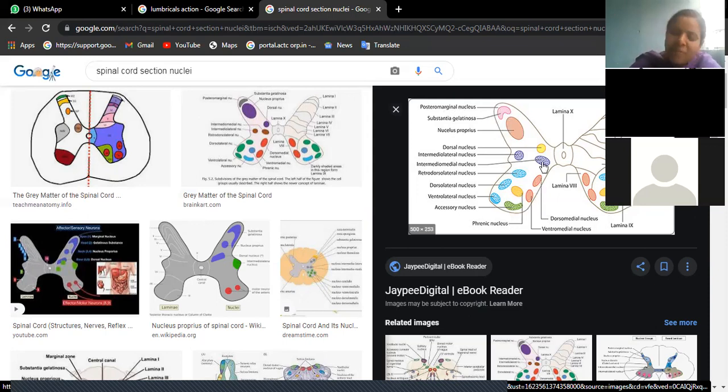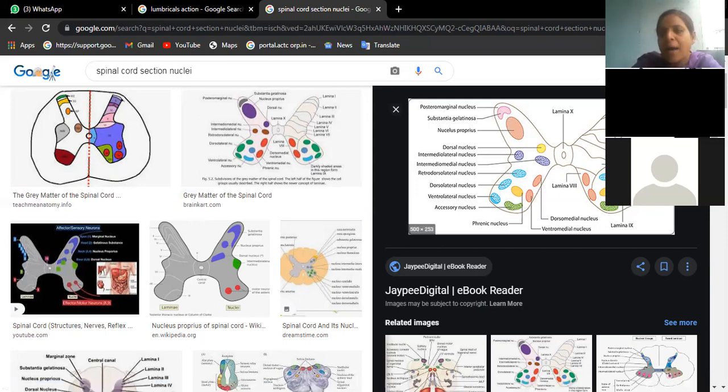Okay, so this is one way. There is also one more way of dividing the gray matter of spinal cord into laminae. We have 10 laminae. They are called laminae of Rexed, R-E-X-E-D. So lamina 1, 2, 3, 4, 5, 6, 7, 8th, and this is 9th, and the center one is 10th. When you draw the laminae on one side, you need not show nuclei on that side.